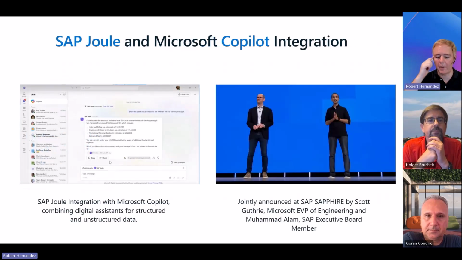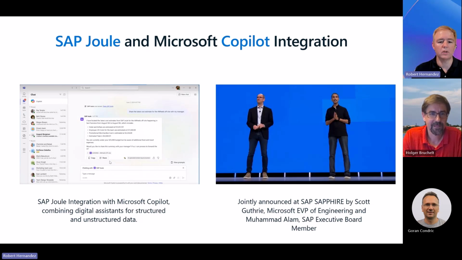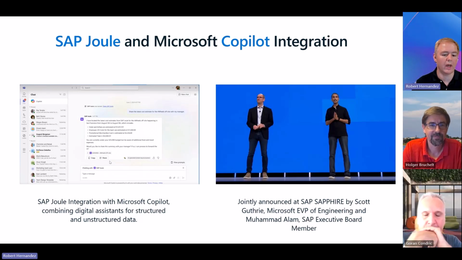I think you may have covered that on a previous episode, I think it was episode 200, if I'm not mistaken. But this was announced back at Sapphire by Scott Guthrie and Mohammed Alam. And I think you will see a lot more coming on that in the coming months as well.